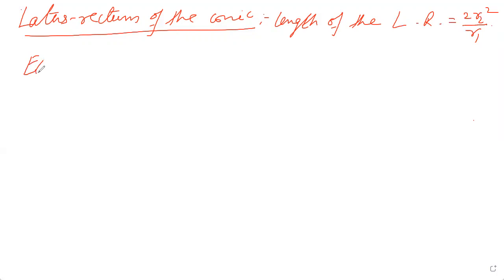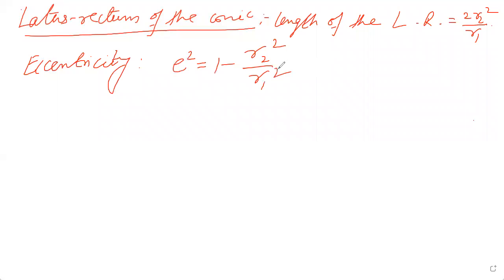Eccentricity will be given by e square is equal to 1 minus r2 square upon r1 square. The r1 and r2 we have done in the last lecture where we were finding the length and position. These r1 and r2 were the roots of the polynomial of degree 4.